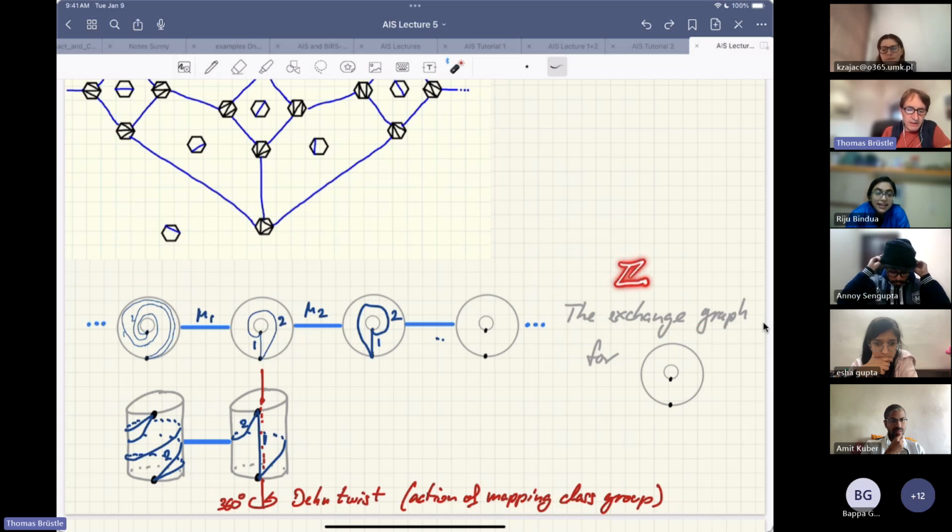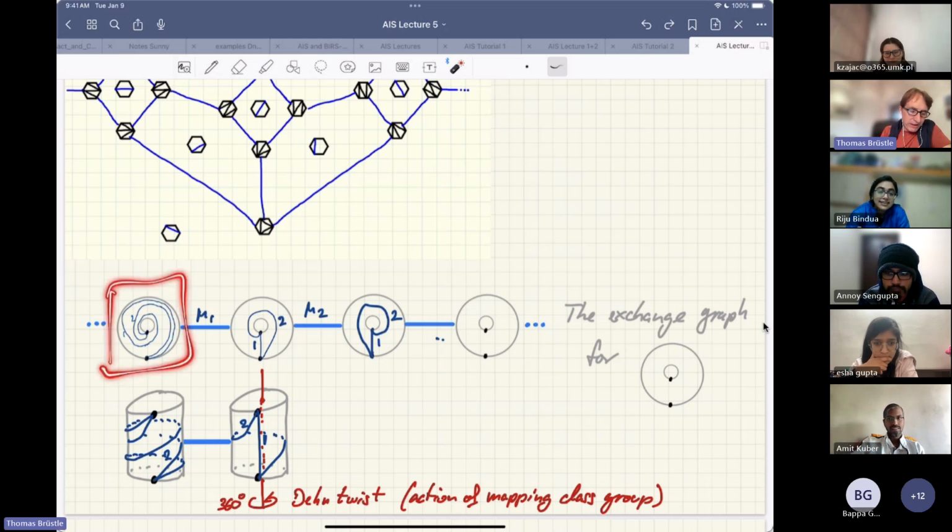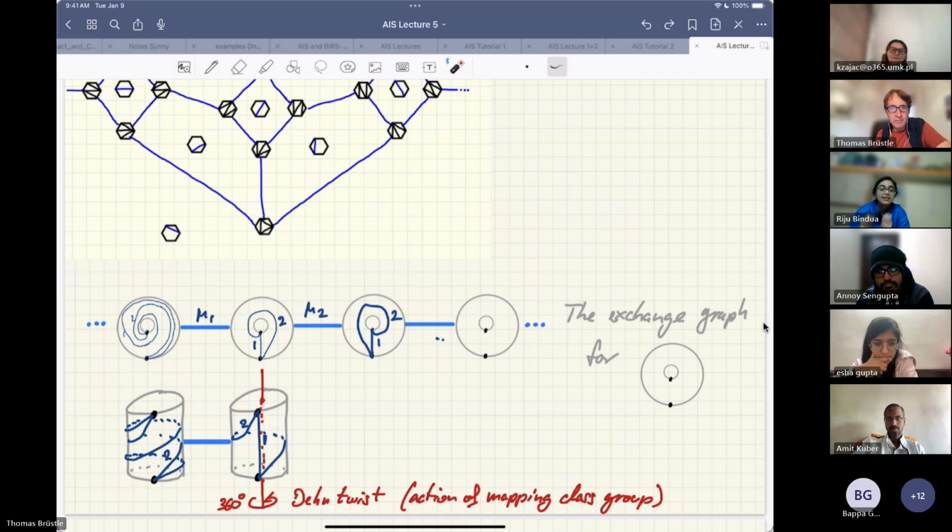I can start from here and go through positive or negative rotations of 360 degrees, and I change my triangulation. You see a little bit what's going on? Yeah. Good. But you're right, this is already not very convincing. It's better if you visualize it on a cylinder and you turn. That's okay. Good.